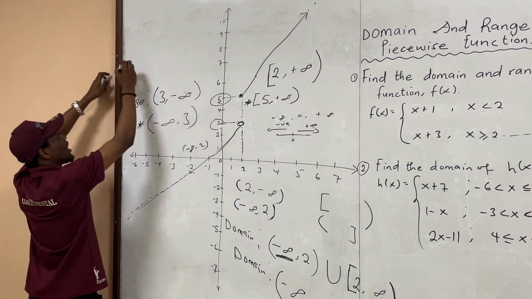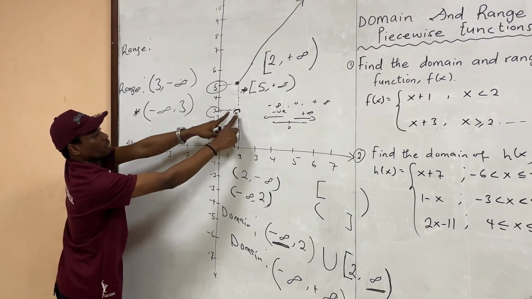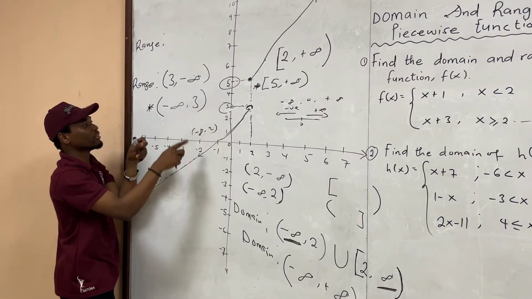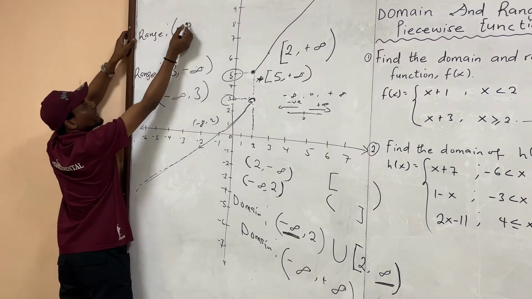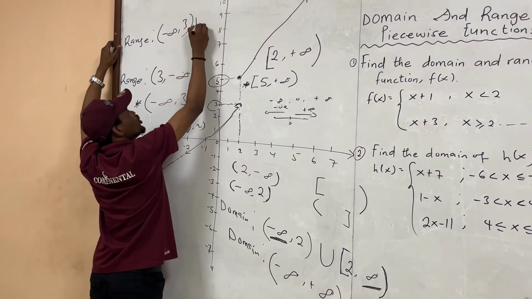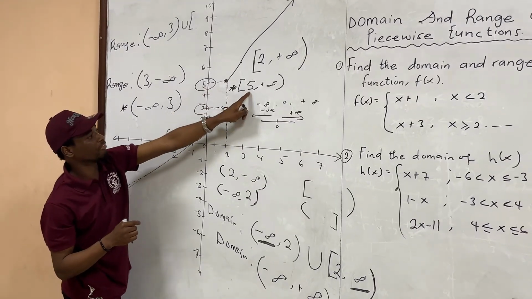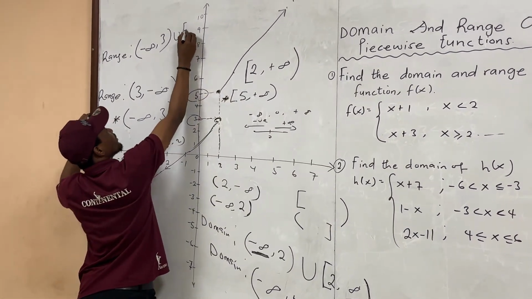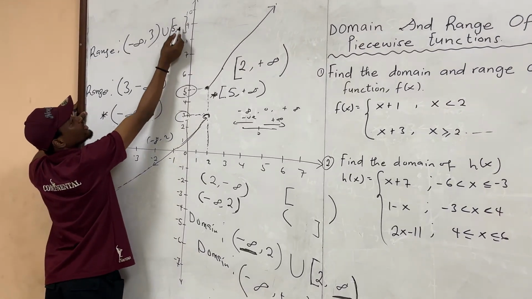So the range now is equal to 3 to negative infinity, which is this, right? So I have the negative infinity this way, then I have my 3. Then union, here this is 5, then to positive infinity. This is infinity, not 8, okay?